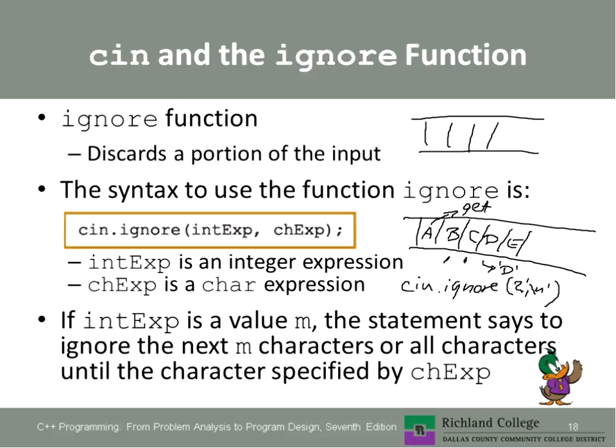But if the user actually typed in, let's say, A, and then we have B, and then the new line character, so the user only typed in A and B, that means we do not have two values to ignore. Then the next value is the new line character, and at that point we stop ignoring things.